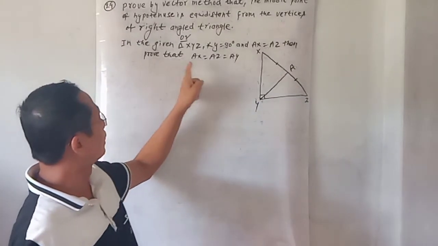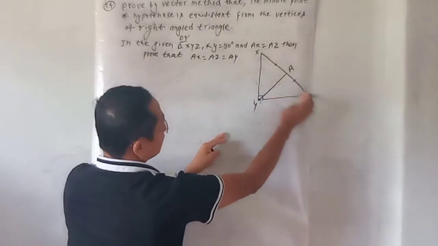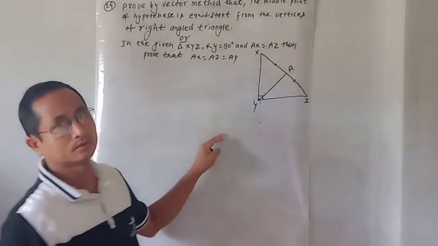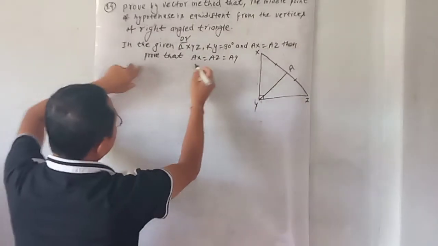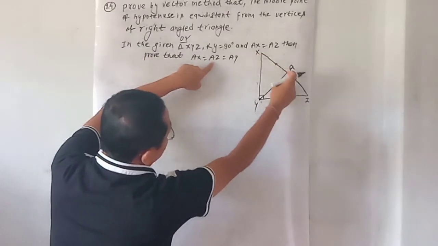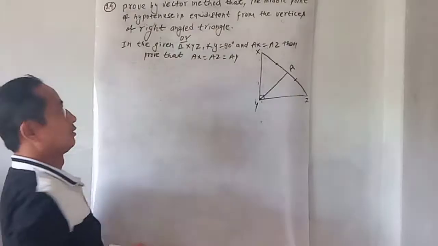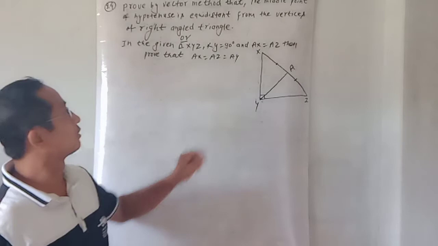Then prove that AX is equal to AZ is equal to AY. You have to prove this. Like this also the question can be asked.